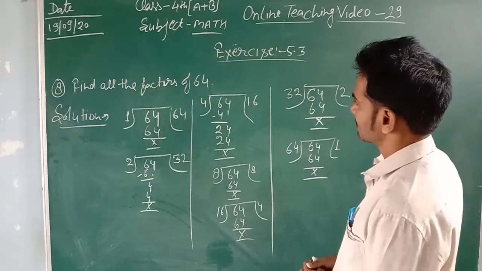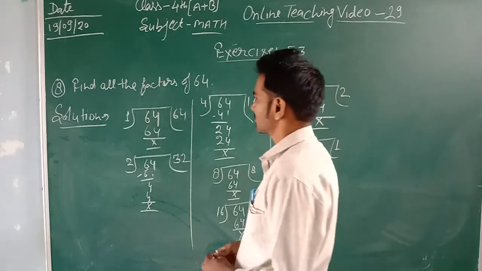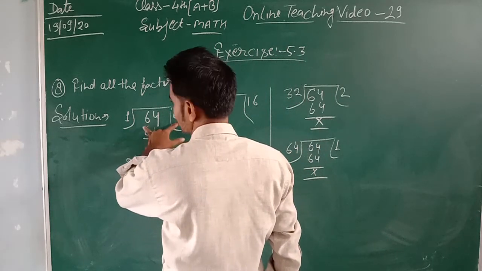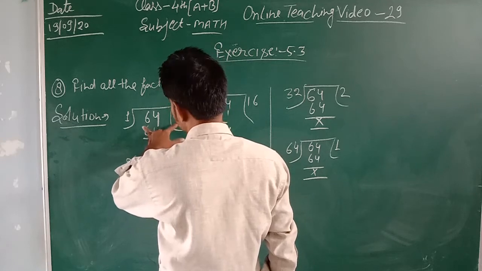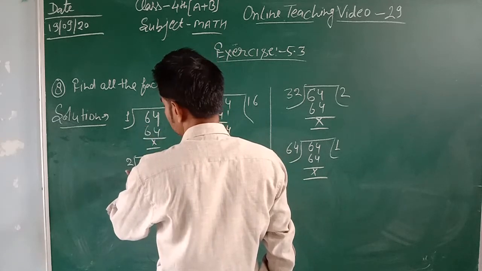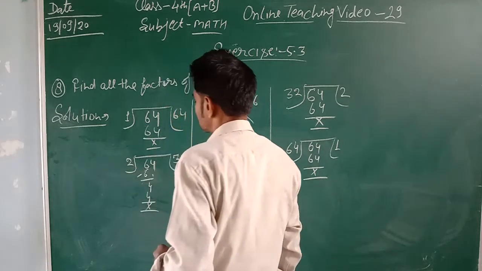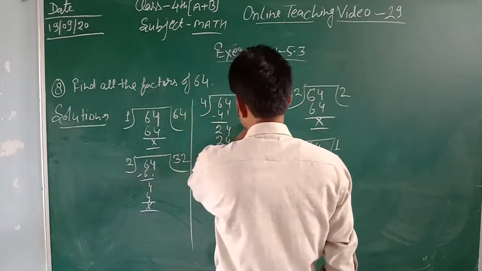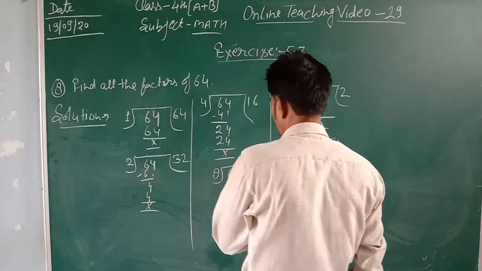To find out the factors of 64, first of all we will divide 64 by 1, then 64 will be divided, divisor becomes 64. Now we will divide with 2 to 64, so 32 times. 4 से 16, 8 से 8.